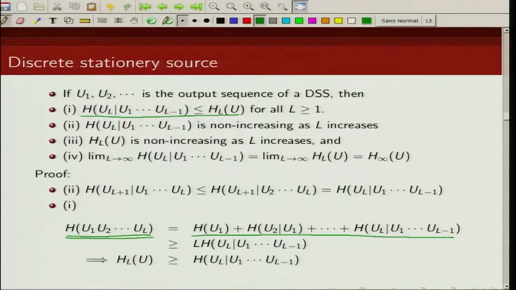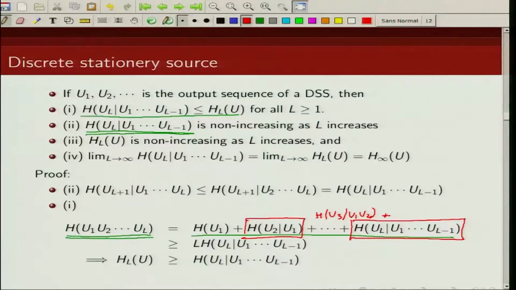Now from property number 2, we know that as L increases, this term is non-increasing. So among all these terms, H(U_3 given U_1, U_2) and so on, the smallest term is going to be the last one. Why? Because as L increases, this is non-increasing.